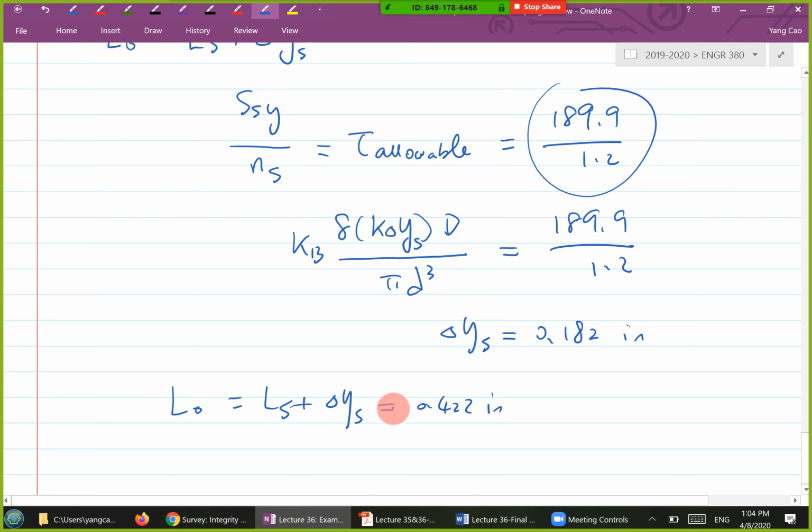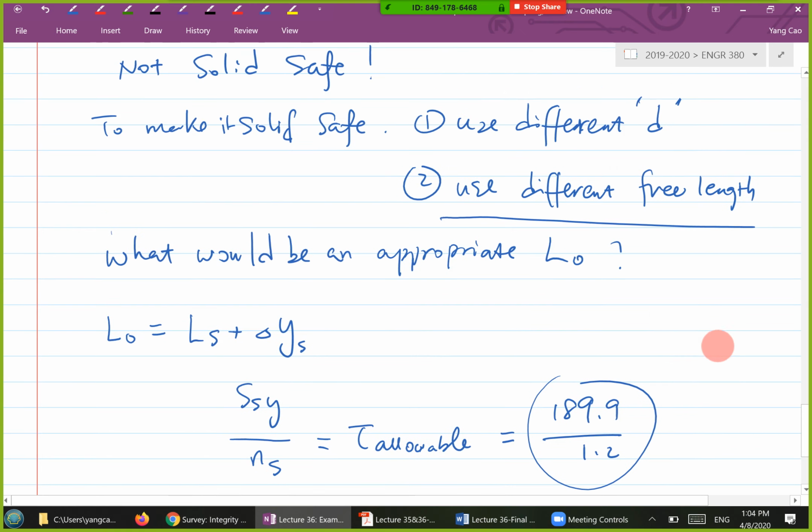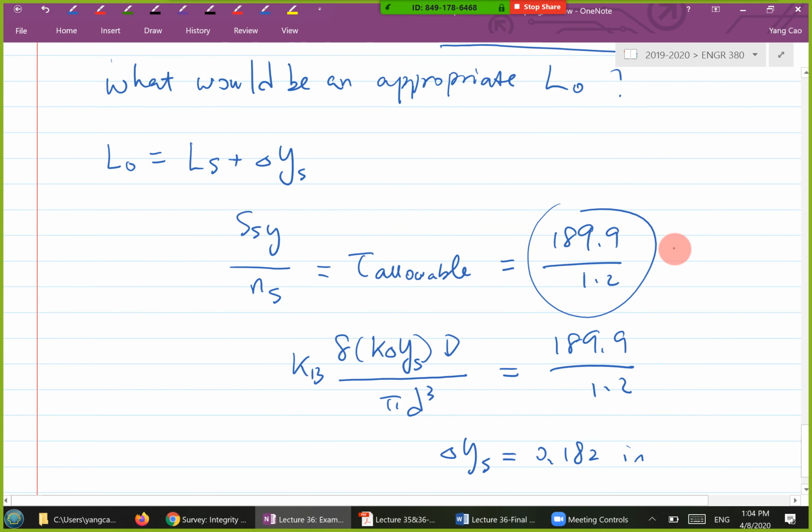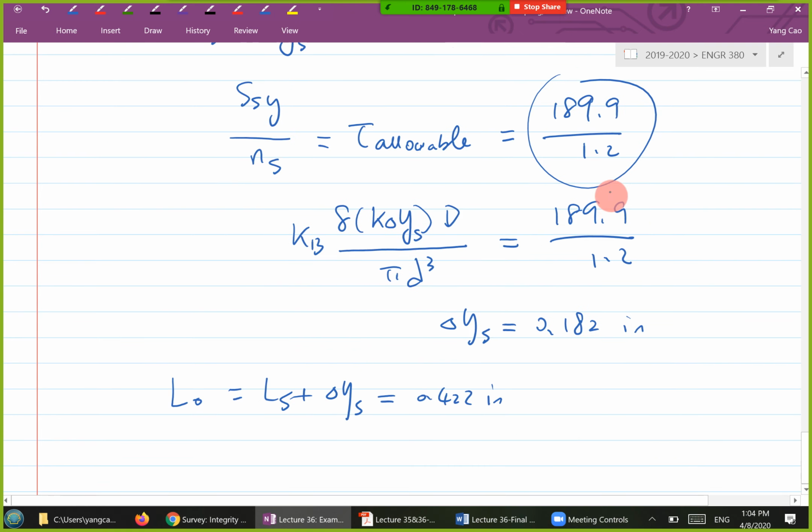Okay, so that's an example for mechanical spring analysis and design. In some other cases, you may be asked what will be an appropriate wire size in order to be solid safe. In this case, the design is the free length of the spring to make it solid safe. Okay. All right, any questions?